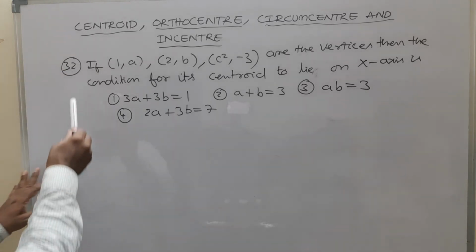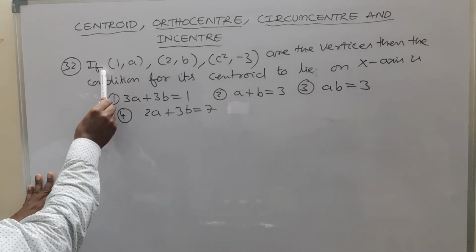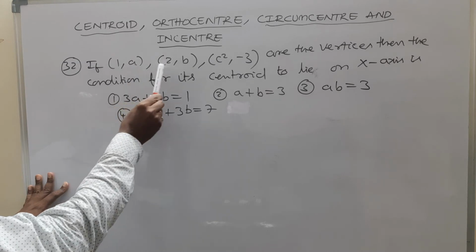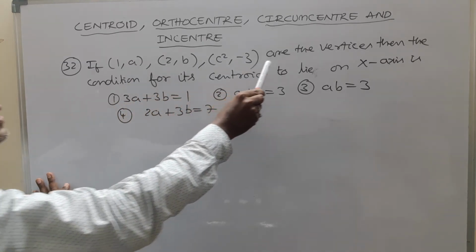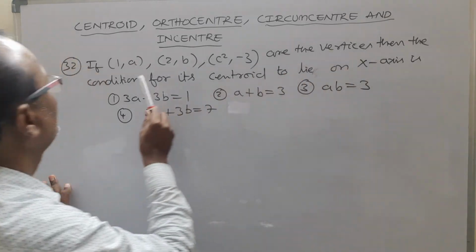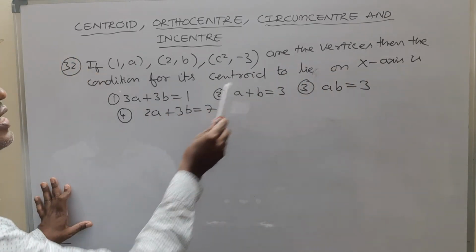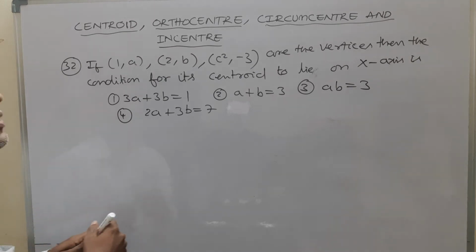Question number 32: if (1, a), (2, b), (c square, minus 3) are the vertices, then the condition for its centroid to lie on the x-axis.